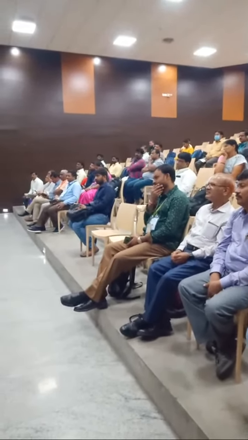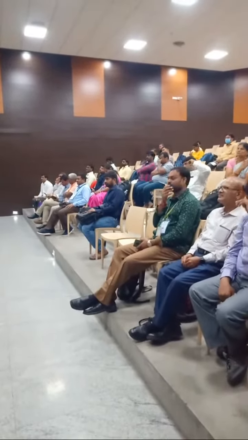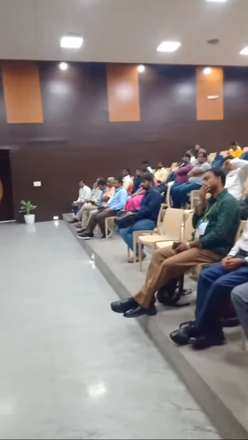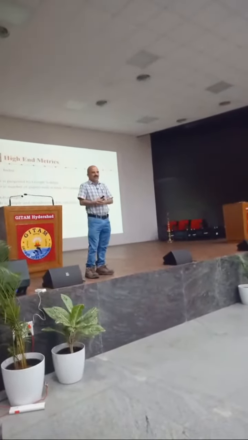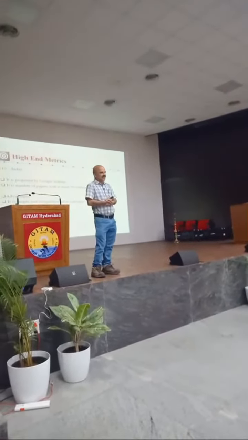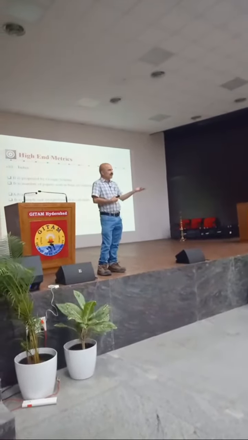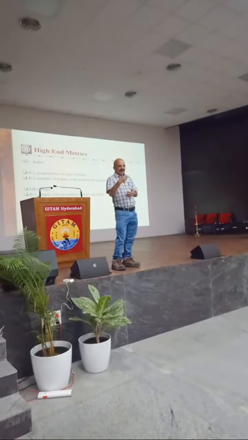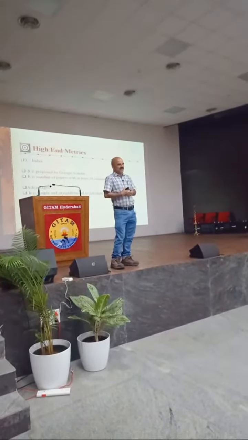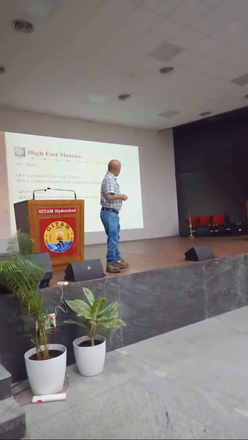So the advantage is it is simple and straightforward to calculate, unlike H index, right? You can just register with Google, then you can directly have your I-10 index. You can go to Google Scholar and just put your name, and you are going to get your I-10 index, right?